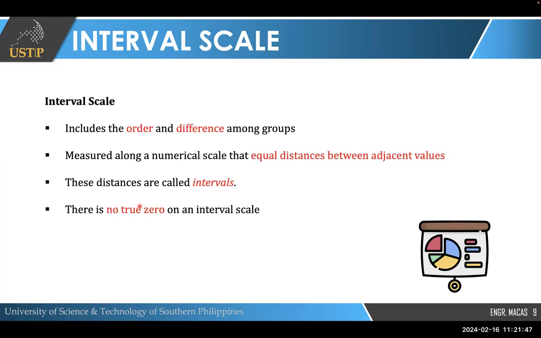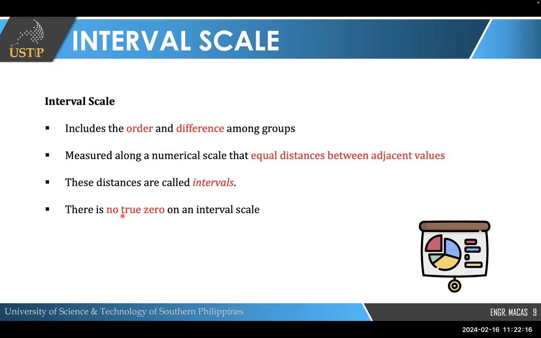For example, from hottest to coldest intervals. But there is no true zero value, because when you measure in Celsius, if you get 0 degrees Celsius, it doesn't mean there is an absence of temperature, right? Your zero is just another reading of your temperature.